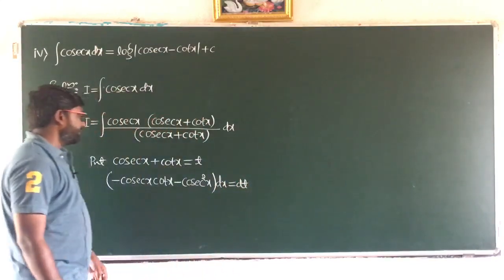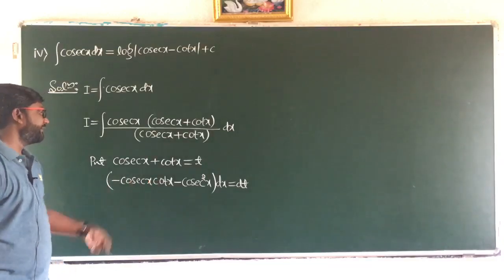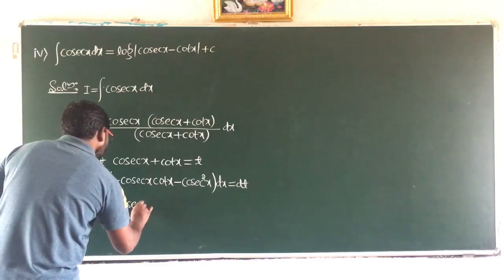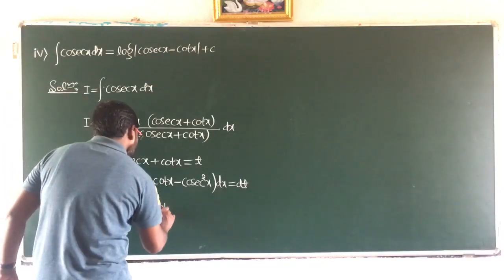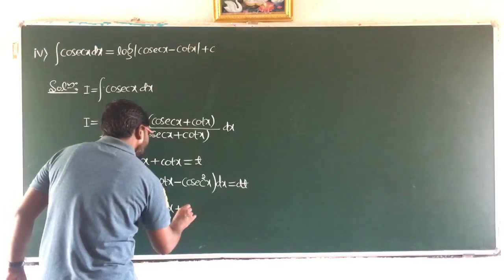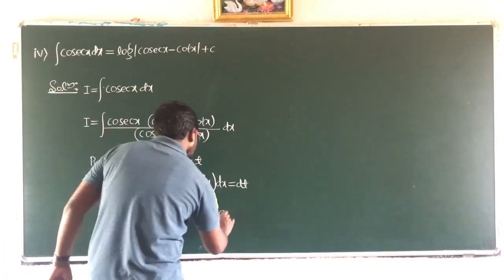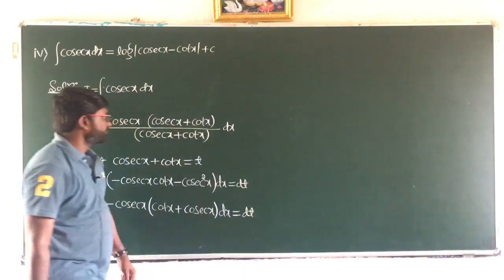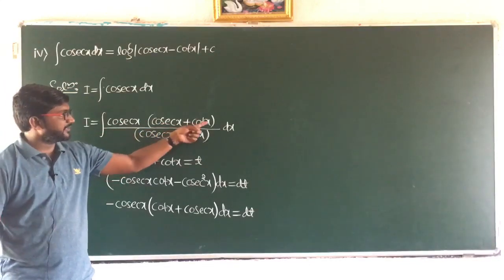Now in this I take minus cosecant x common. Here we are left with cot x plus cosecant x, dx, which is equal to dt. Here we need only cosecant x into cosecant x plus cot x dx.